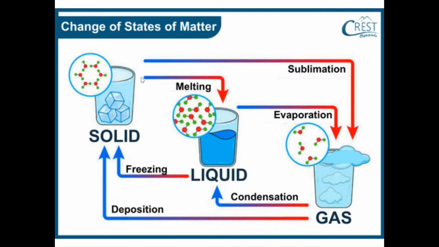You're taking whatever energy it has, and you're actually heating it up. You're making it hotter. So this is a diagram of how we can change from one phase to another phase. And that's something we covered in the last lecture video.